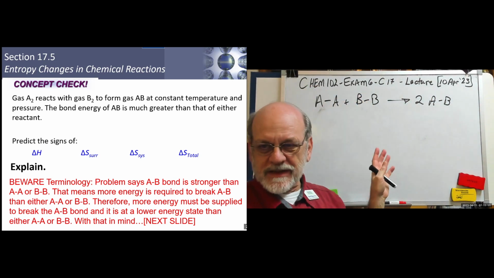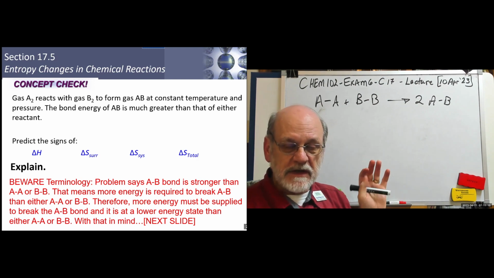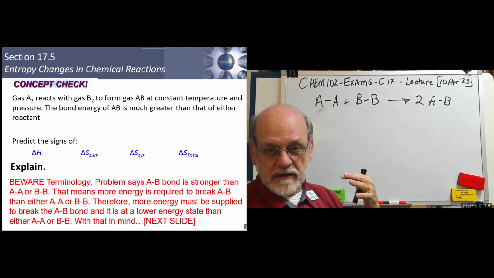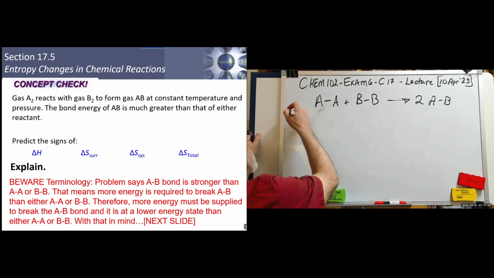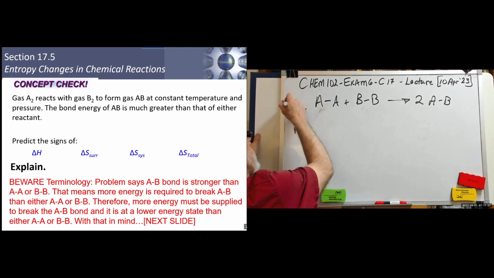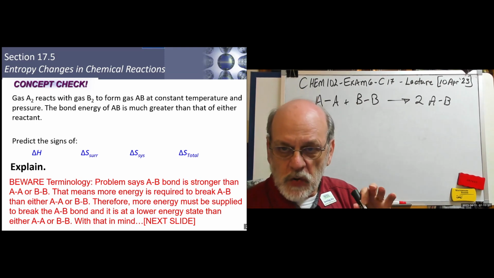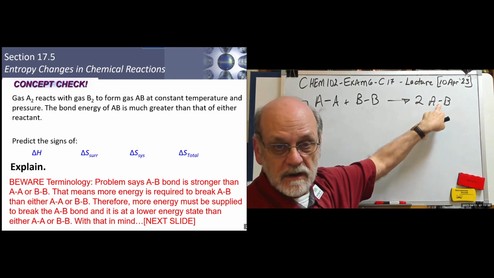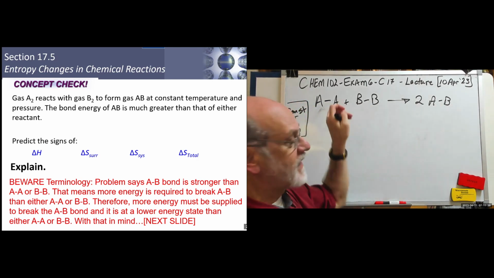Now, I've represented them as single bonds, but it doesn't matter. Whatever the bond is, the problem tells us that at constant temperature and pressure, we know that the bond energy here is greater than that of either this one or that one.